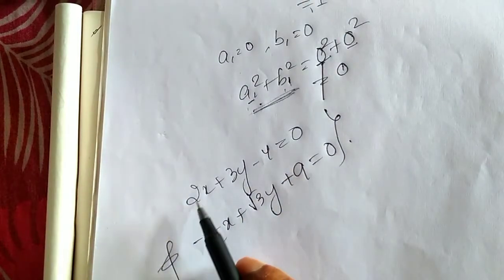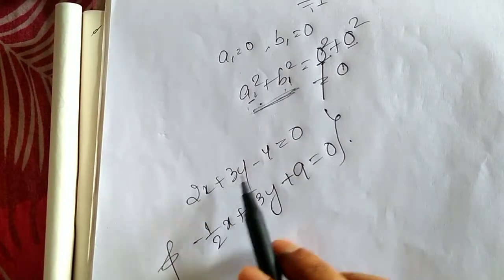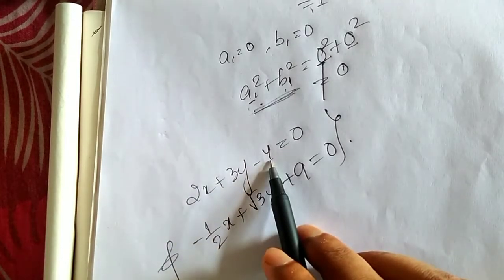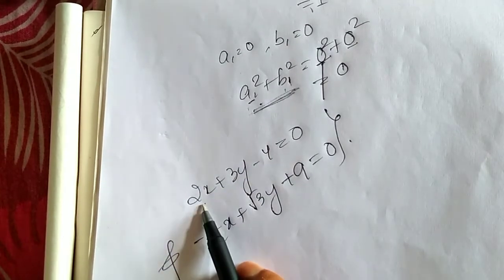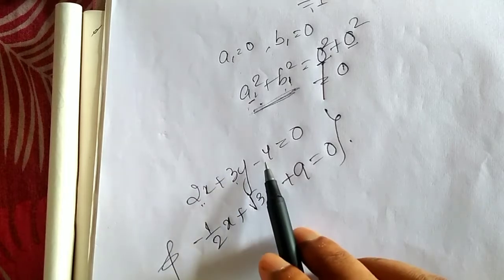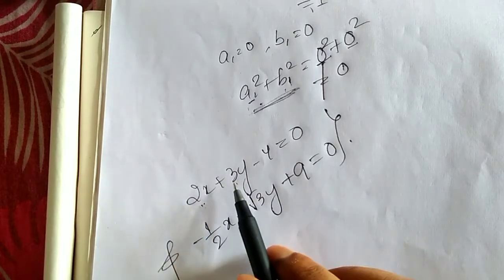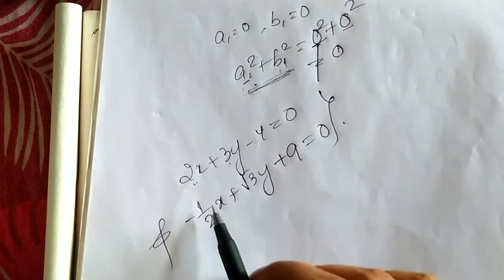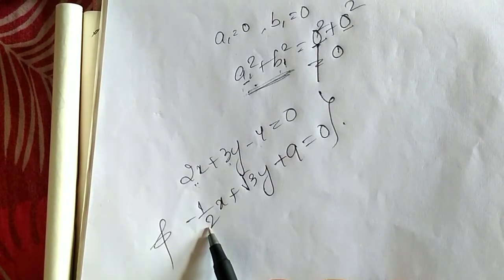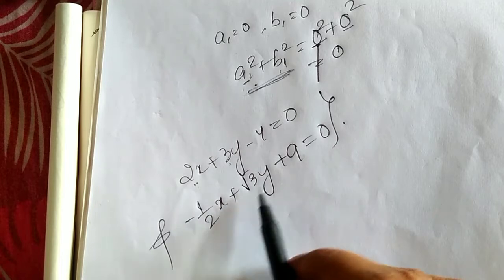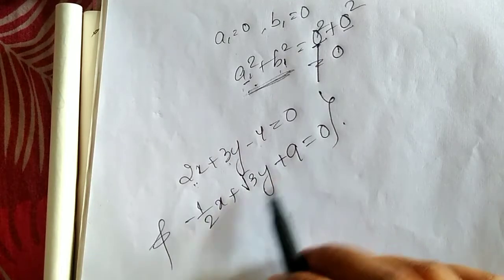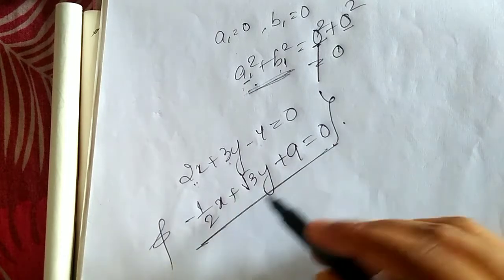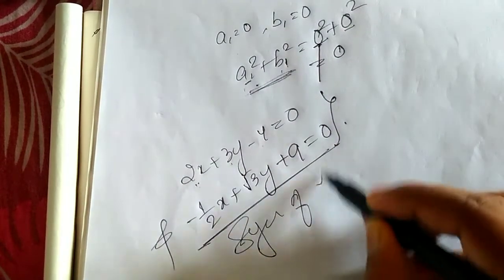See students, a1, b1 and c1, all of them are real numbers. a1 is 2, b1 is 3, c1 is -4, again a2 is half, b2 is root 3, c2 is 9. So this is a pair of linear equations in two variables or system of linear equations.